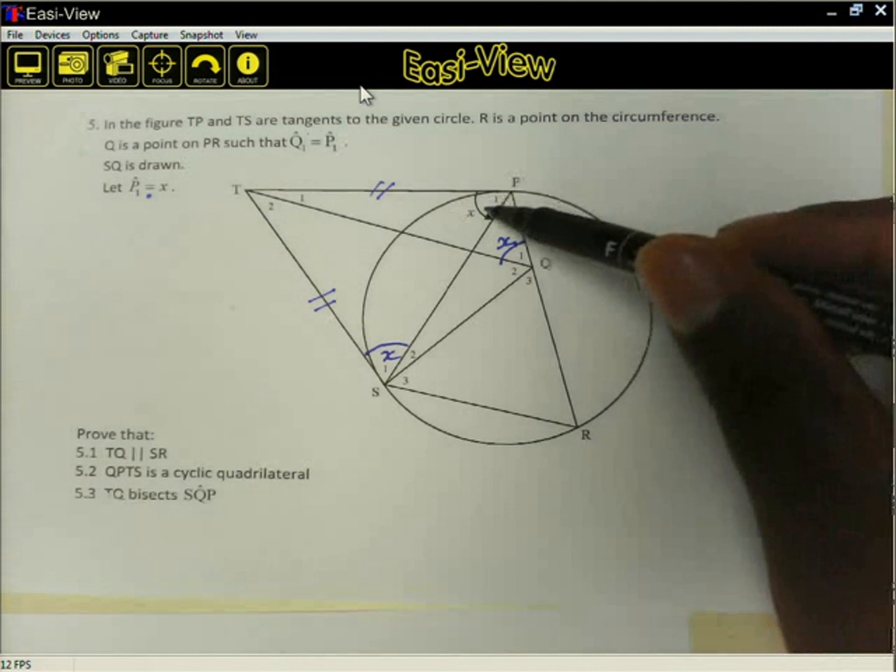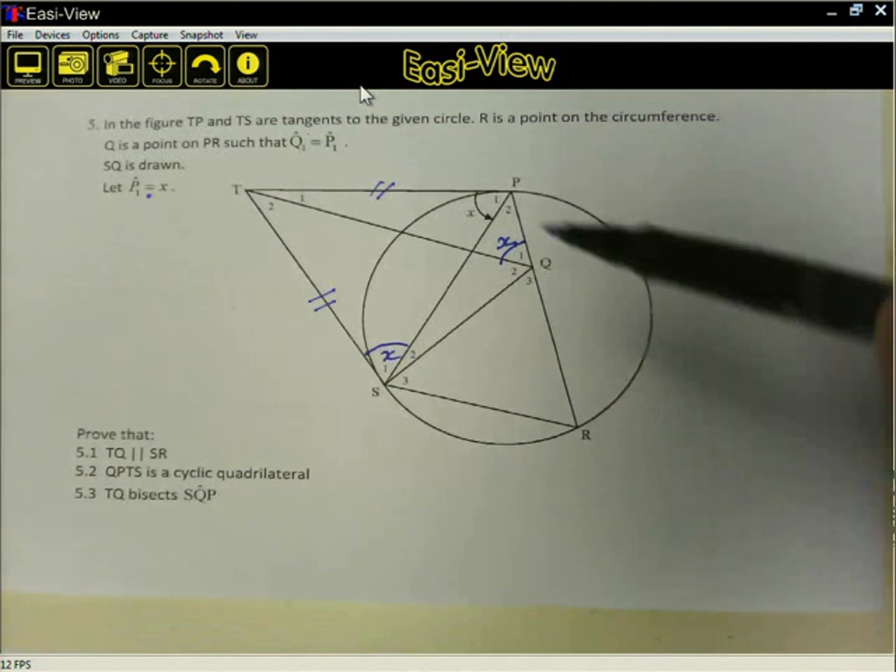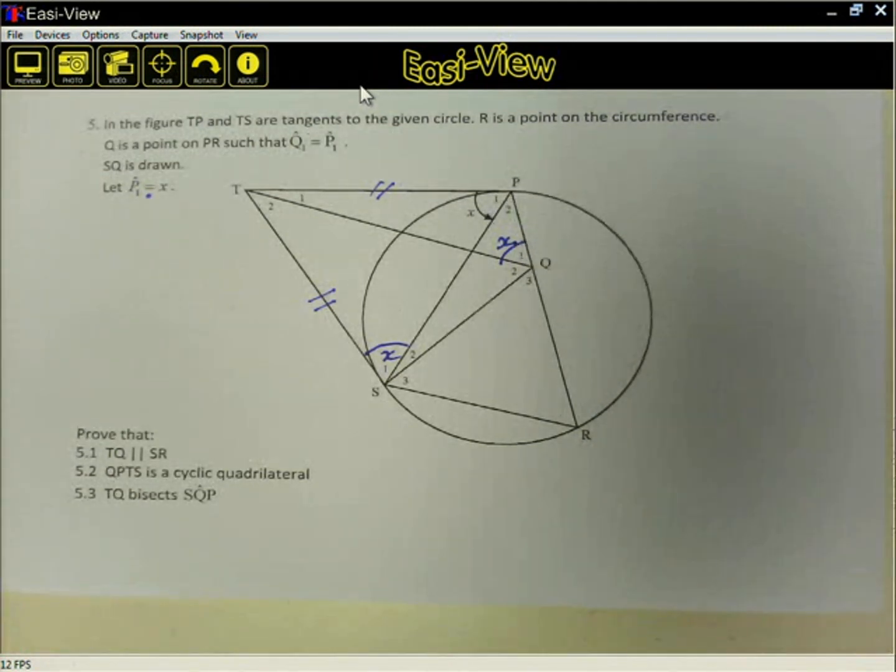So it's given P1 is equal to Q1. So if P1 is X, it means Q1 is also X. We are just analyzing. We haven't yet even started with the solution of the problem. Let P1 be equal to X, okay? P1 already marked X there.